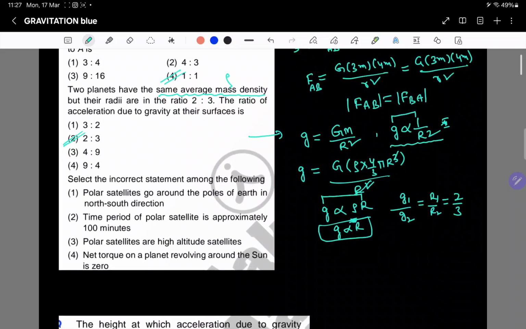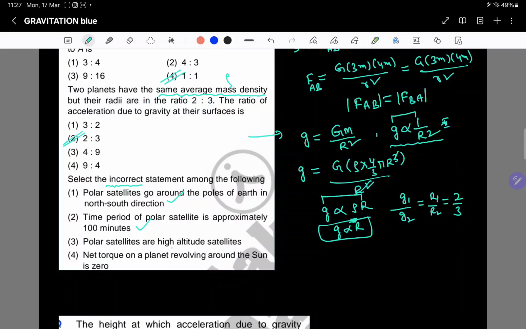Next, select the incorrect statement. Read the question carefully, students. Polar satellites go around the poles of Earth in north-south direction. Yes, students. Time period of a polar satellite is approximately 100 minutes. That is nearly true. Polar satellites are high altitude satellites.